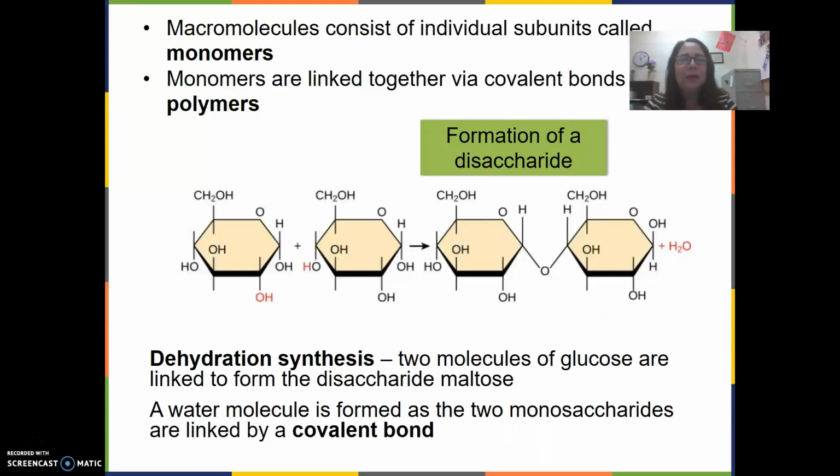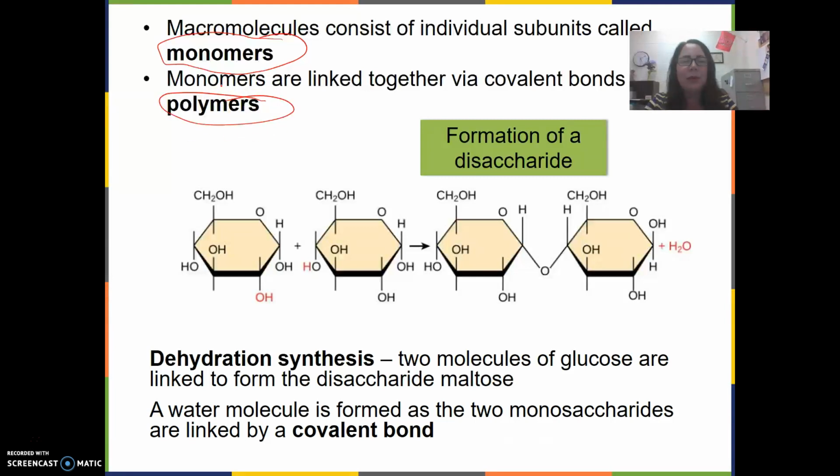The 4 classes of macromolecules are going to have a pattern. Each macromolecule will be a chain of individual links, or individual building blocks, which we call monomers. The smaller subunits are monomers, and then the monomers linked together by covalent bonds are called polymers.